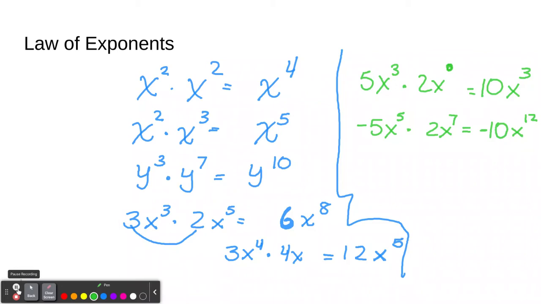And what if we had multiple ones? What if I had 2x to the fifth times, let's say, 3x to the fourth times, let's say, 5x to the third? It's the same process. Just do one at a time, right? And again, with multiplication, you can do it any direction you want, right?